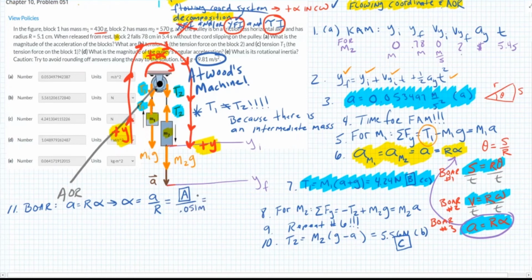So alpha A divided by 0.051, in radians per second squared. That is the answer to part D, which means there's only one more part.